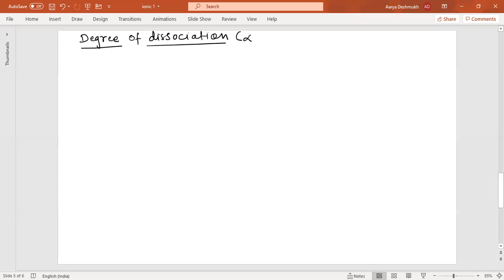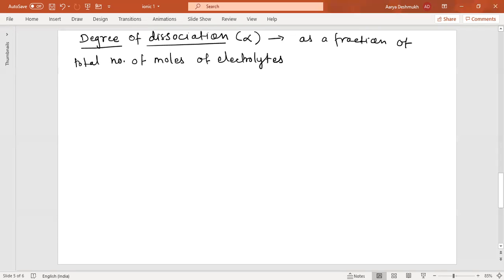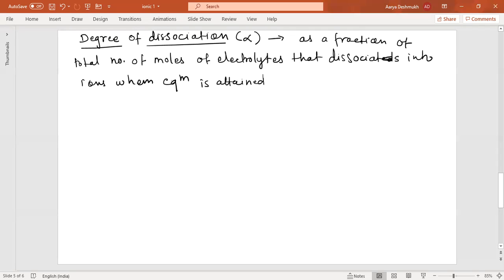So this degree of dissociation is denoted by alpha, and it is defined as the fraction of total number of moles of electrolyte that dissociates into ions when equilibrium is attained, meaning when the reaction reaches equilibrium.